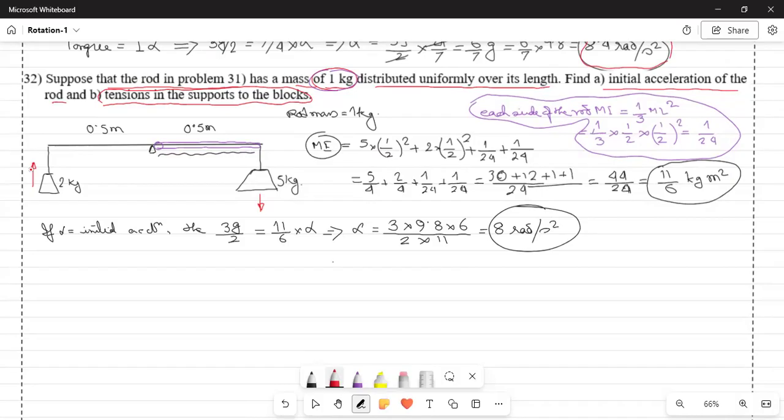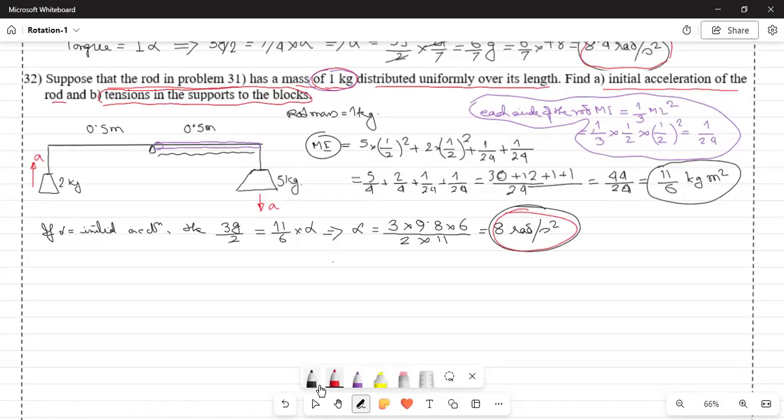And the acceleration has to be the same for both of them because they are connected to a rod. What is this acceleration? This acceleration is related to the angular acceleration alpha.